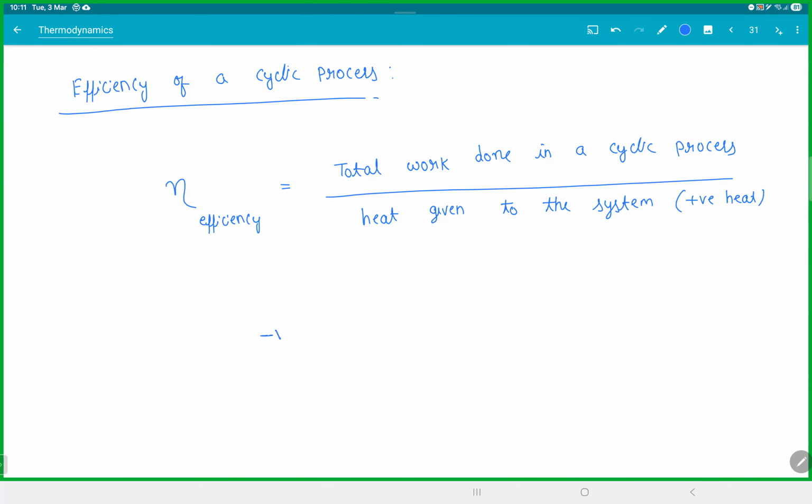For example, when you put coal in a steam engine and you're burning it, the steam which escapes, the heat which escapes, the smoke which escapes, all this is heat which is being rejected from the system. You cannot recover it. So if I burn, let's say, coal and I get 100 calories of heat, and in that, let's say 20 calories becomes work, the remaining 80 calories is gone, which is not recoverable.